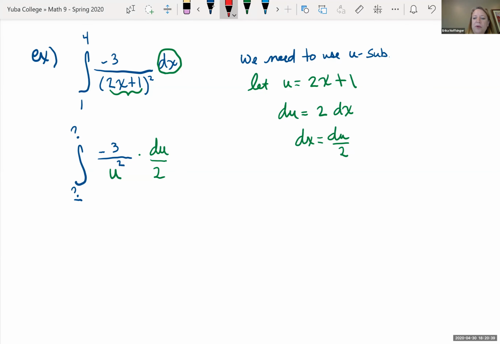If we change our bounds now, you would plug your x values into what you chose u to be and solve for u.